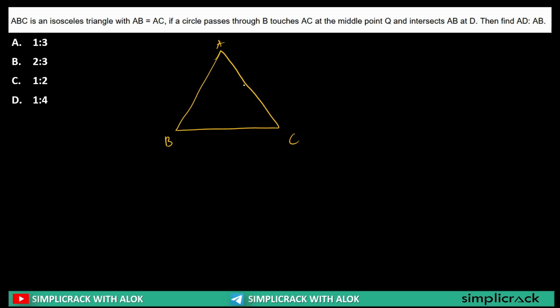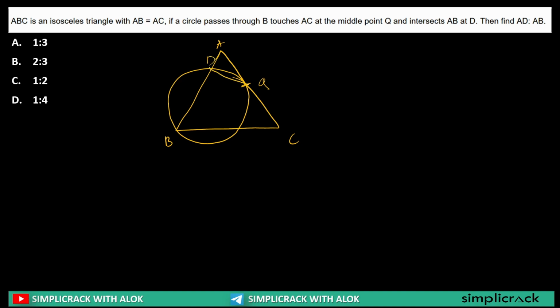How badly I can draw, I am challenging myself. Okay, so this is how it may look. So it touches AC at the midpoint, that is Q, and intersects AB at D.